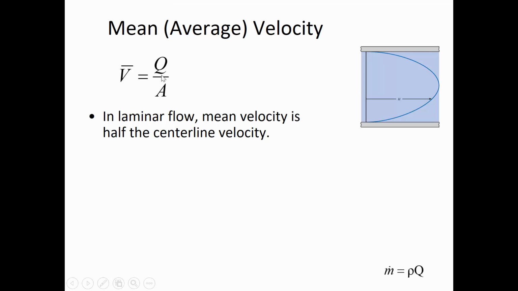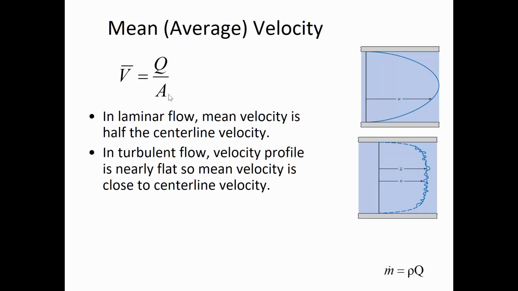Just for example, when we were doing that flow visualization experiment where you had the little injected dye going through the viewing tube, the way that you calculated the mean velocity through that viewing tube was by dividing the volumetric flow rate by the cross-sectional area of the conduit that the flow is traveling through.